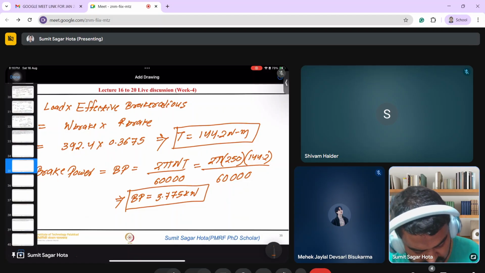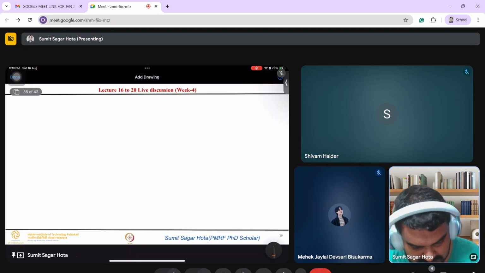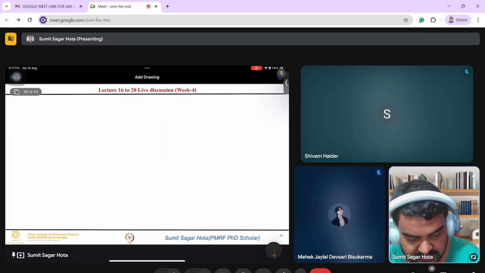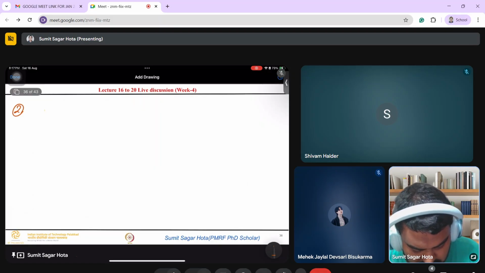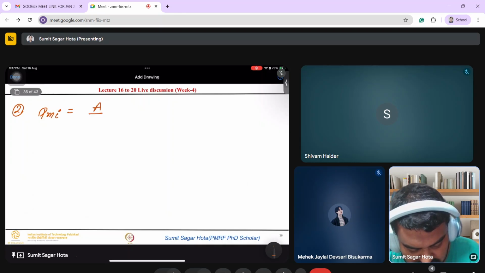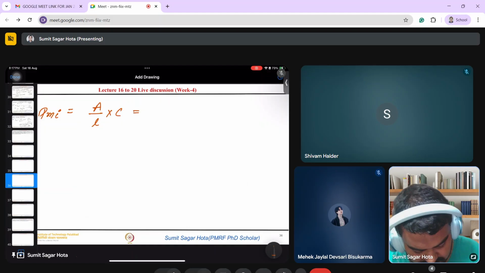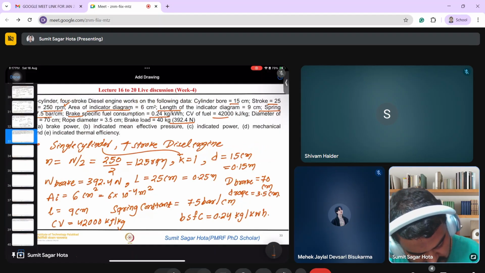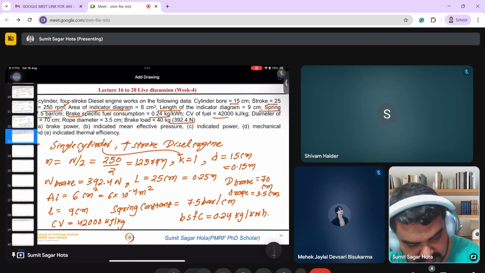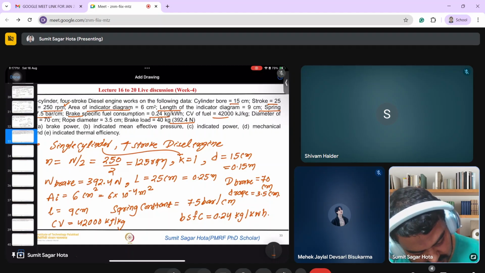Next, find the indicated mean effective pressure, which is p_mi equal to a by l into C. The area a is 6 centimeter square, l is 9 centimeter, and C is 7.5, the spring constant.